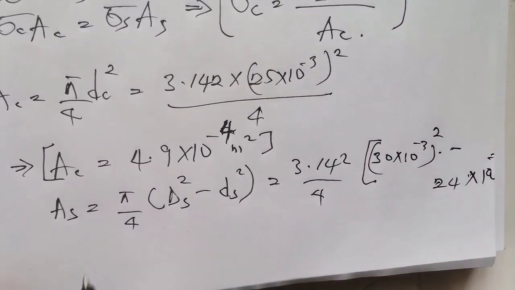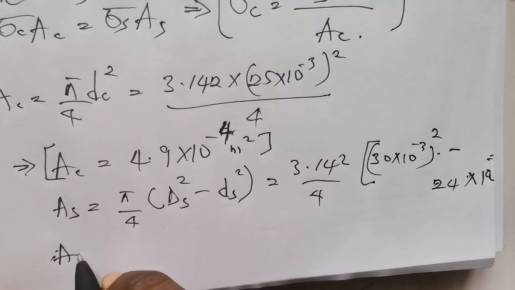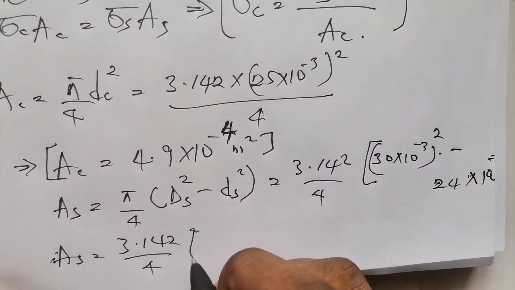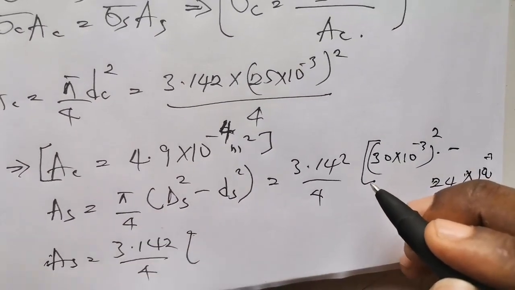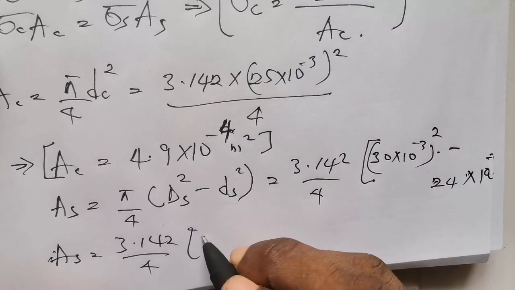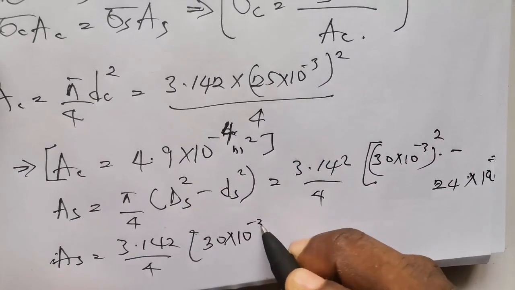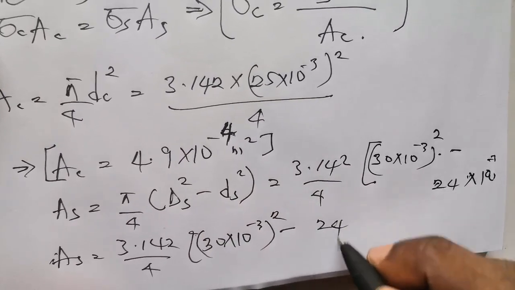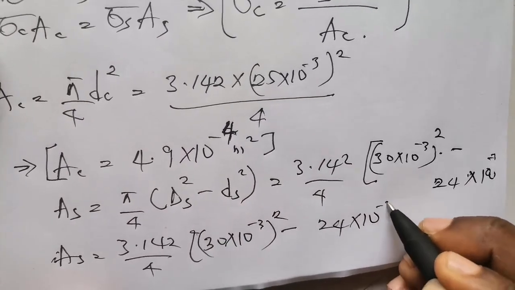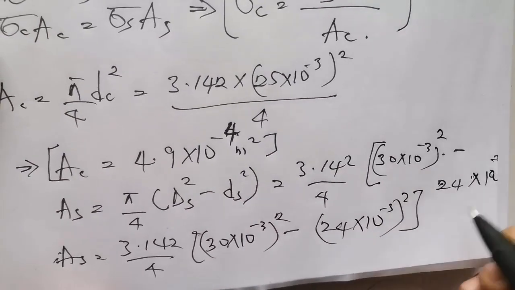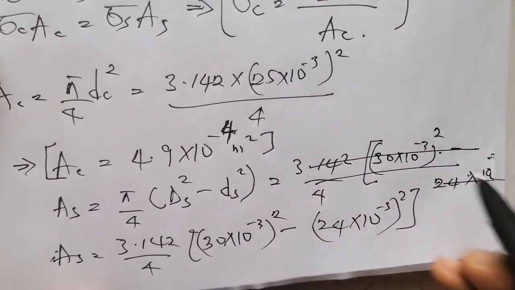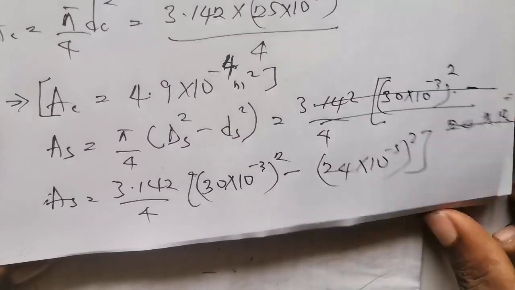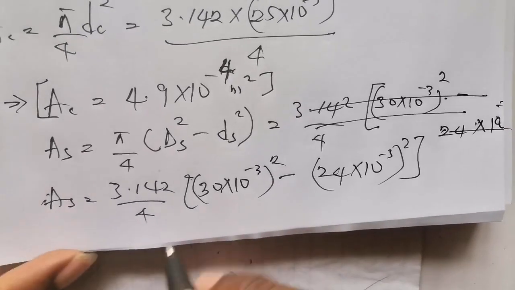So the area of steel is 3.142 divided by 4, times the external diameter of 30 by 10 to the power of minus 3 all squared, minus the internal diameter of 24 by 10 to the power of minus 3 all squared. All right, so let's do all of this and obtain an area for steel.